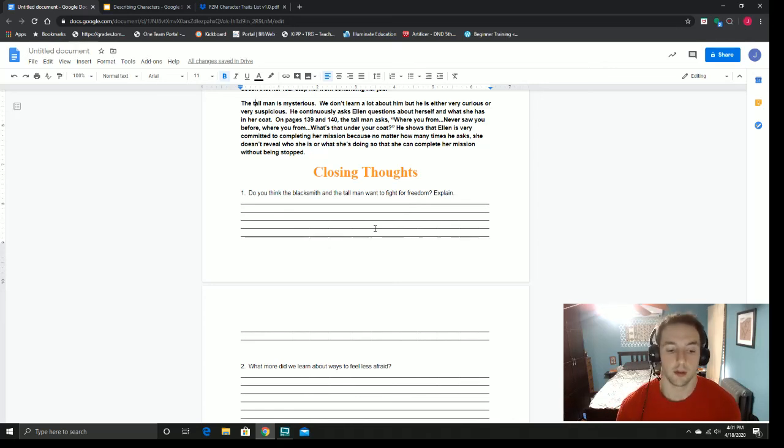So he could be against the British, or that could just be him saying that people are acting very badly and he doesn't like them. So I'm not sure if they would be fighting for freedom. The tall man doesn't seem like he's someone that would. He seems like, or maybe he is, because that's why he's so curious. He wants to figure out if Ellen's on his side or not.